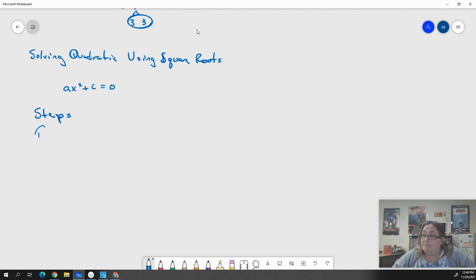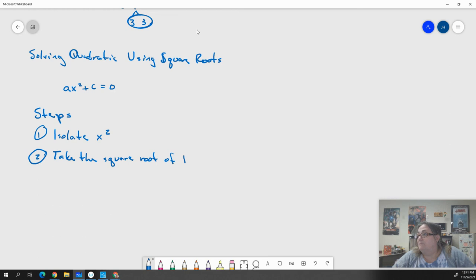Steps. Number 1, isolate x squared. That means get it by itself on one side of the equal sign. All you want on one side of the equal sign is x squared. 2, take the square root of both sides. 3, simplify.